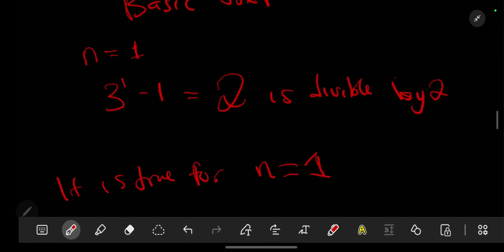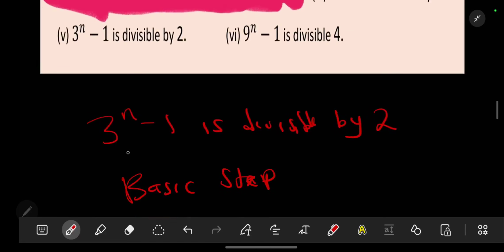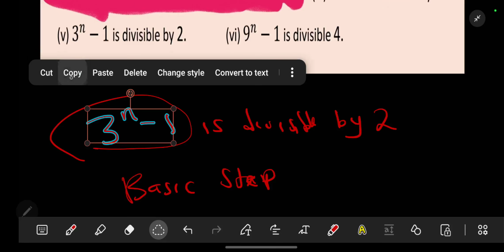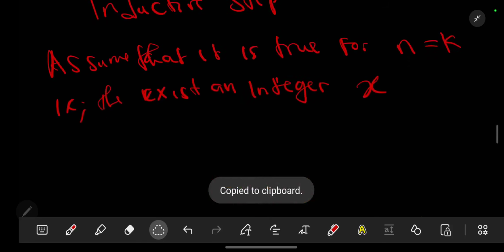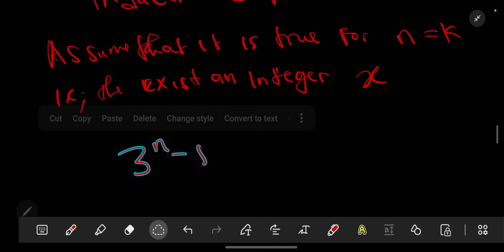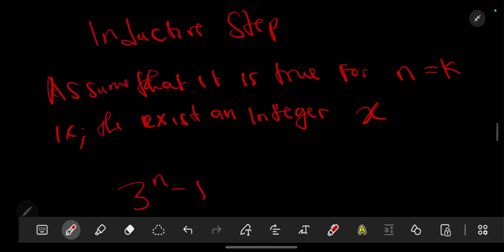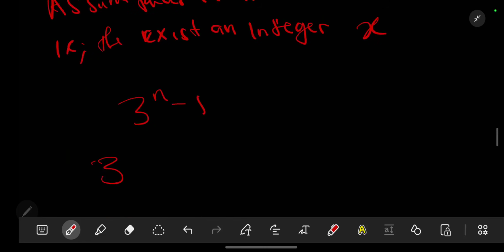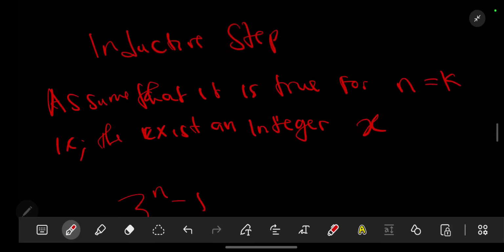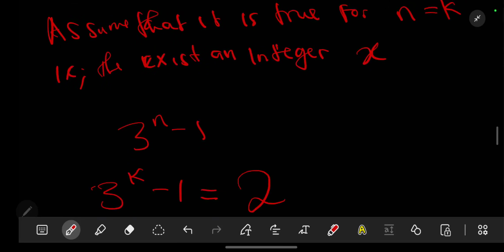So we are going to grab our equation, 3^n minus 1, and where n is equal to k, we are saying 3 to the power k minus 1 should be equal to 2 times some integer x.